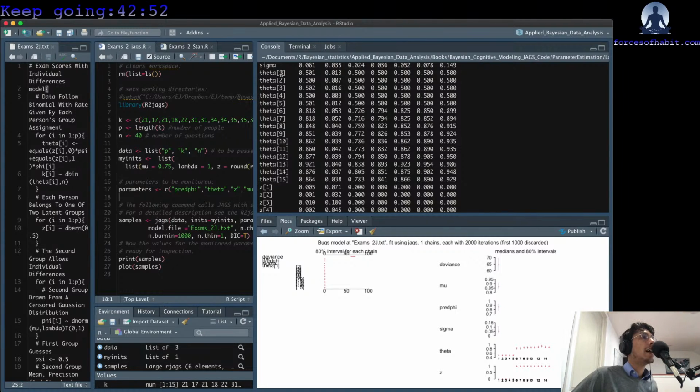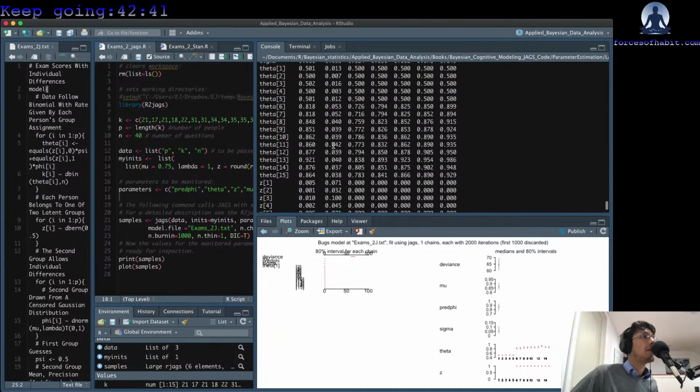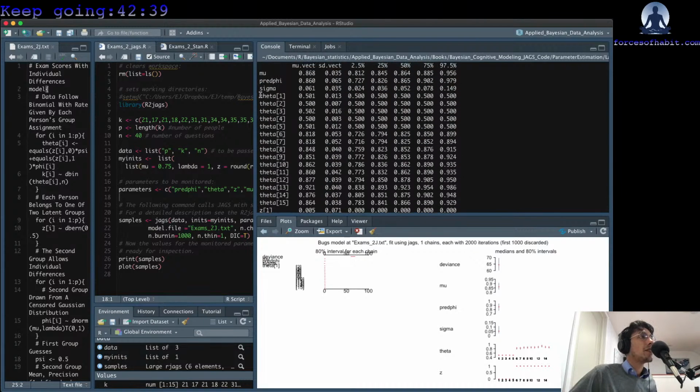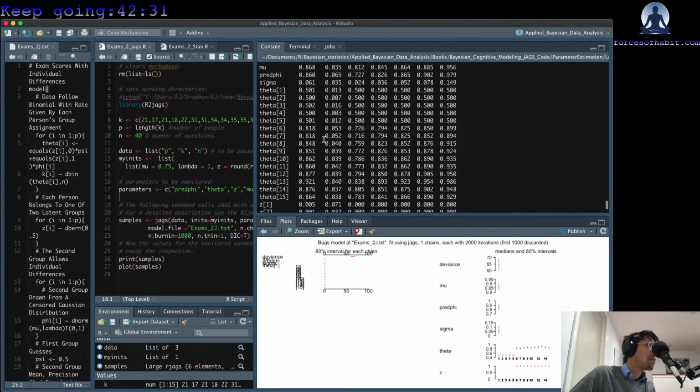sample. And in this case, the thetas are going to correspond to the thresholds for z that we specified, where for theta 1 through 5, it's going to be around 0.5 because they're in the lower group.